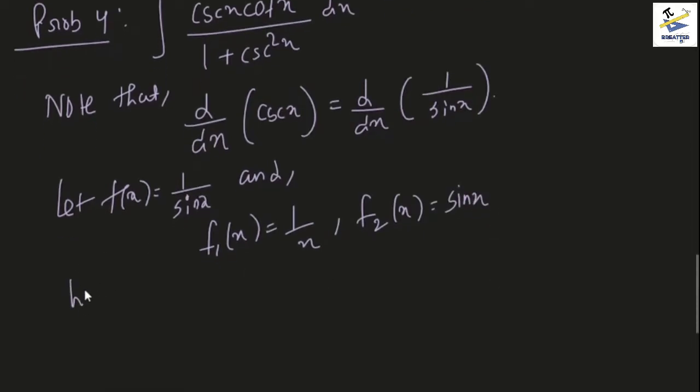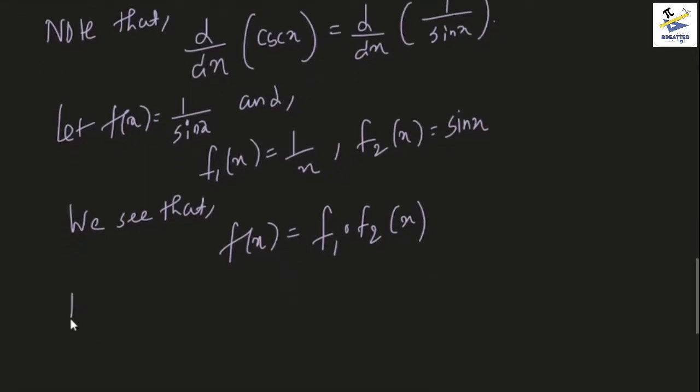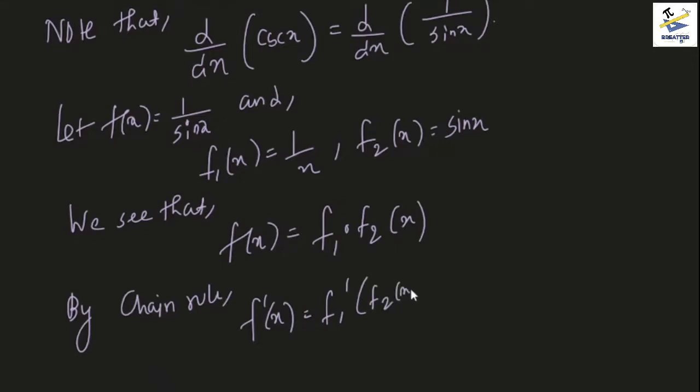We see that f of x is basically f1 composition of f2 x, right? By chain rule, f dash x is simply f1 prime of f2 x into f2 prime of x.